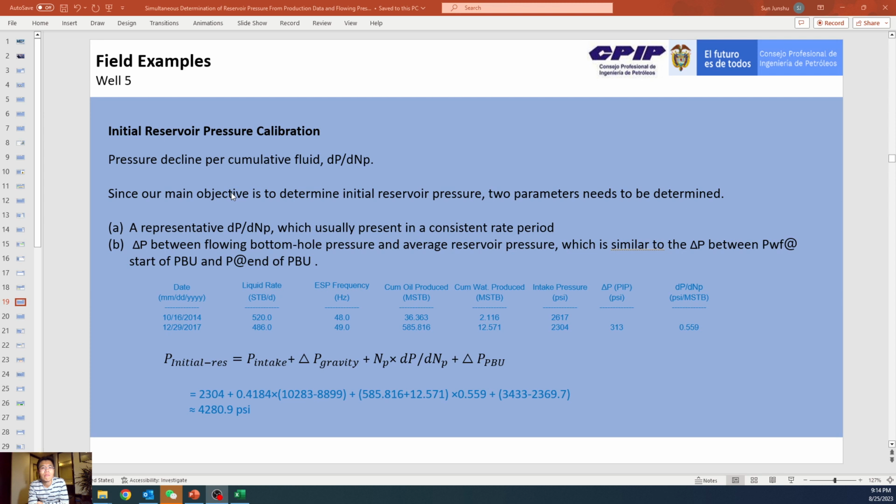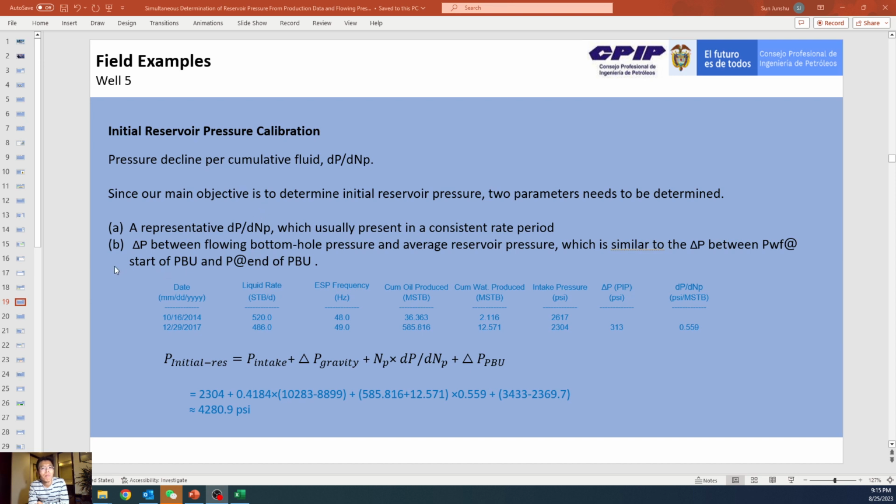We are going to introduce the pressure decline per cumulative fluid, that is dP divided by dNp. Np is the cumulative produced fluid.